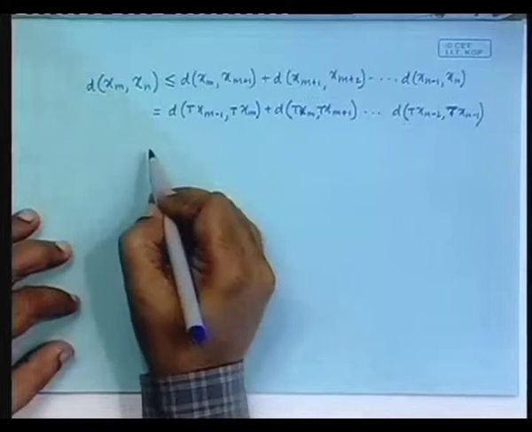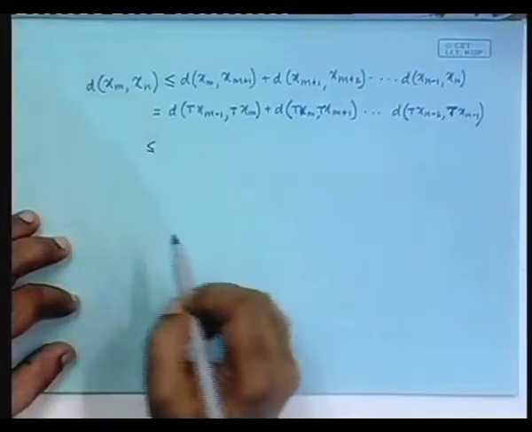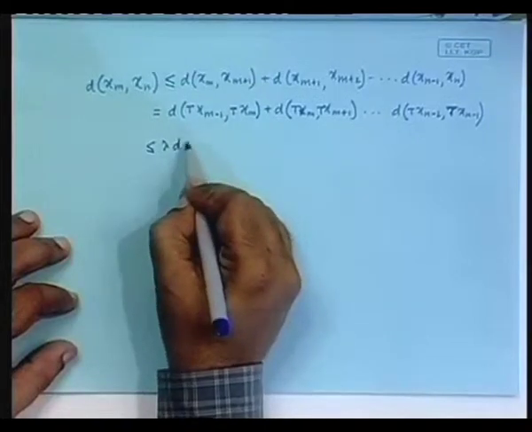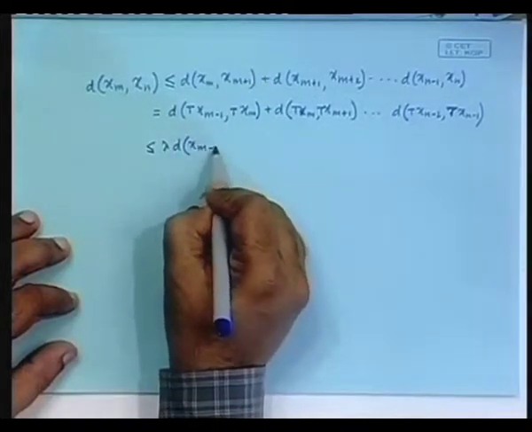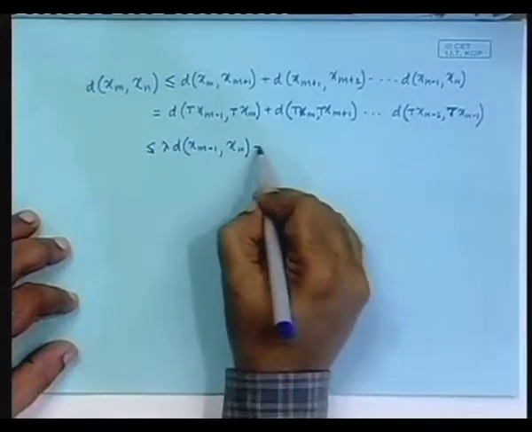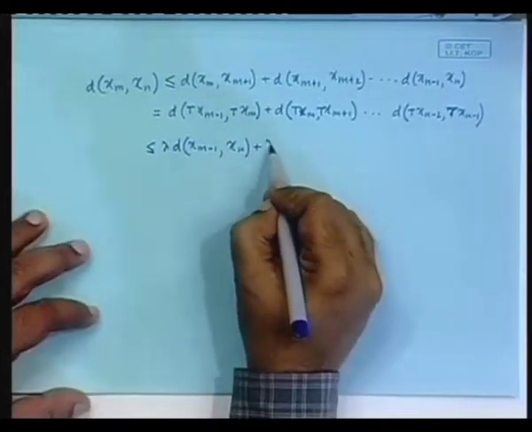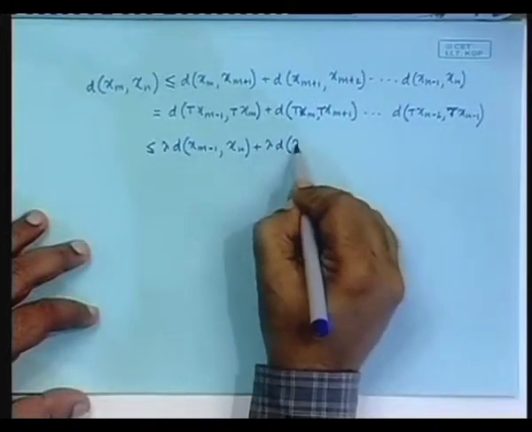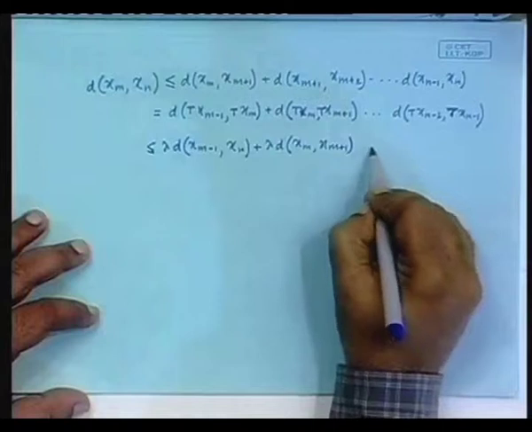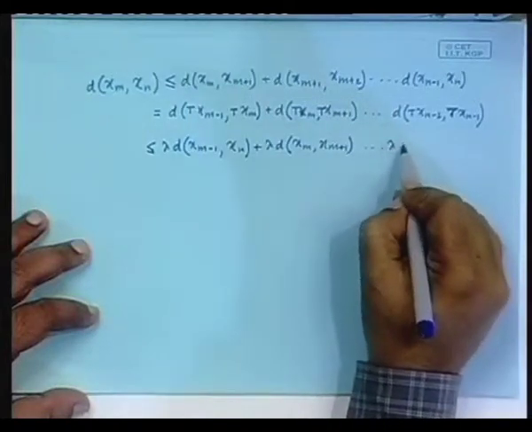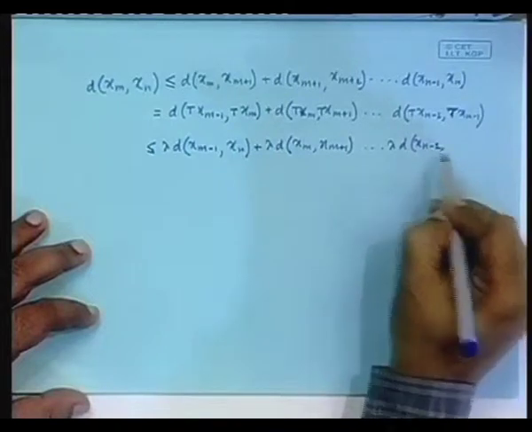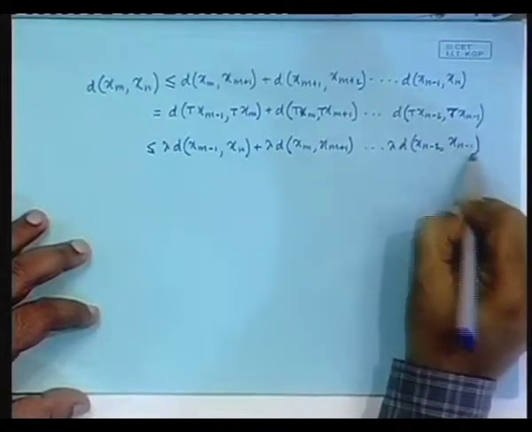Nothing. Only we can now write that this should be less than or equal to lambda times d of x m minus 1, x m, plus lambda times d of x m, x m plus 1, and so on, up to lambda times d of x n minus 2, x n minus 1.